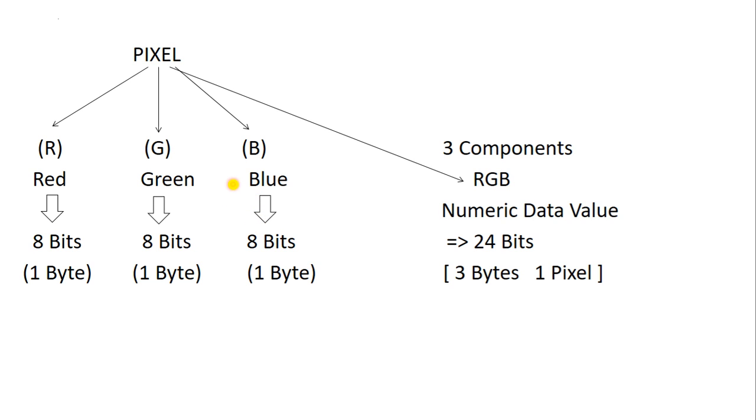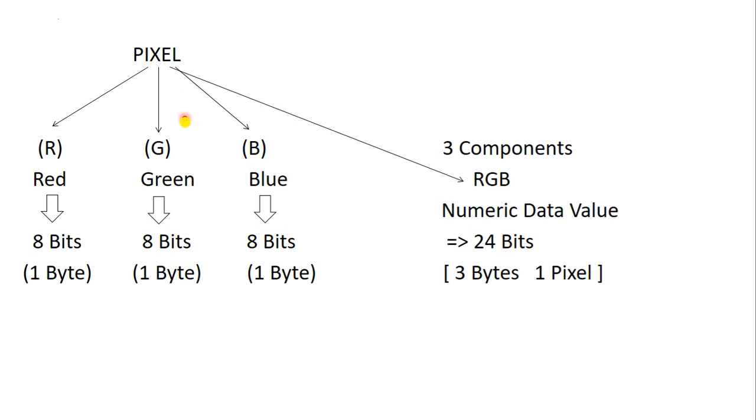Information means numeric data, and red, green and blue each contain a value, so we call it a numeric data value. Red contains a value of 8 bytes, green contains 8 bytes, and blue also contains 8 bytes. So that equals 24 bytes.